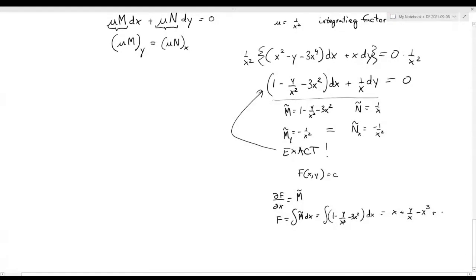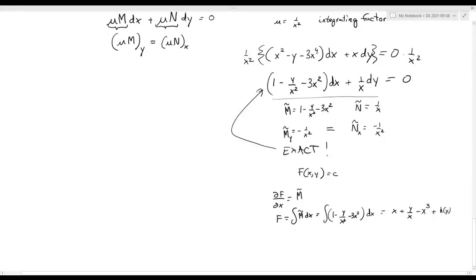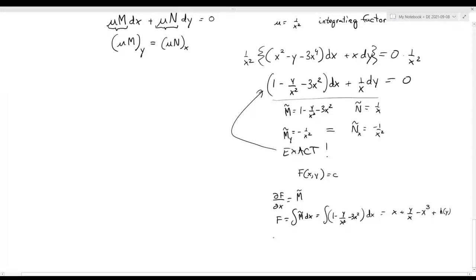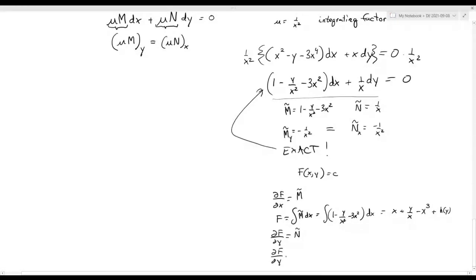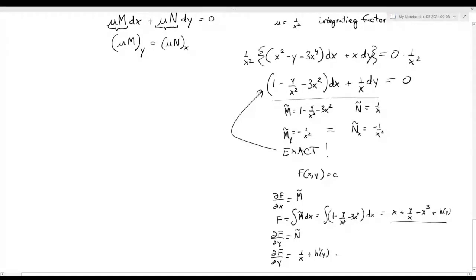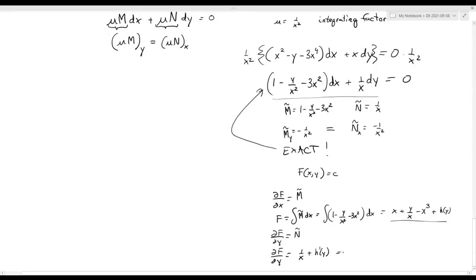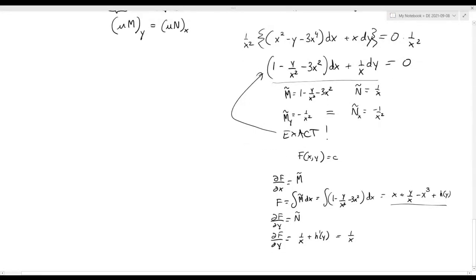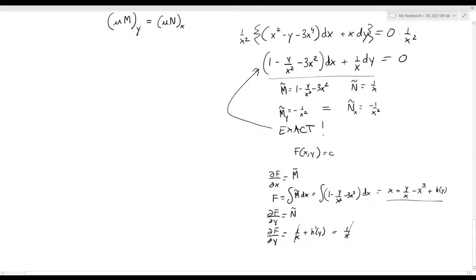And then we get a function of the other variable y. And then we take advantage of the fact that the derivative of big F with respect to y should equal n tilde. So we differentiate our big F with respect to y. And we get 1 over x plus h prime. And that should equal n tilde. So that's 1 over x. Indeed, 1 over x is canceled.